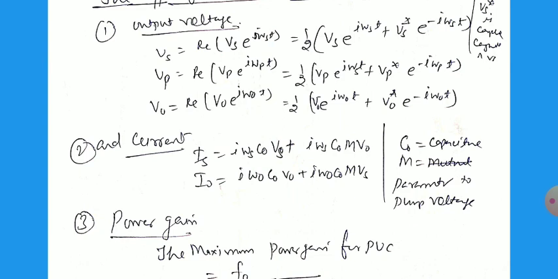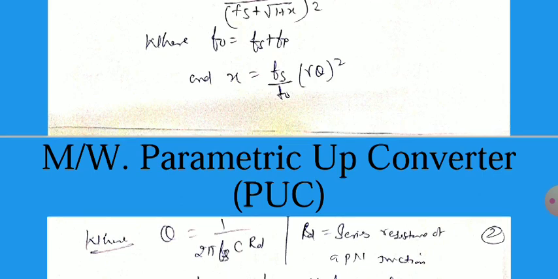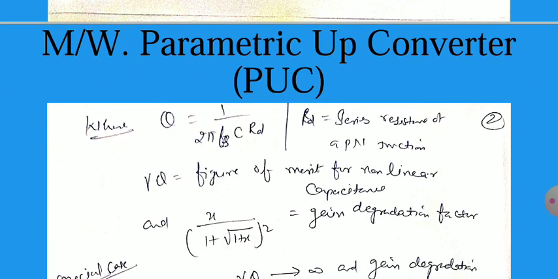Now the next topic is to calculate the power gain. The maximum power gain for the PUC is equal to Fo divided by Fs, times 1 by the square of 1 plus root of 1 plus x, where Fo is the output frequency Fs plus Fp, and x is the parameter related to gamma Q, equal to Fs by Fo multiplied by gamma Q square, and Q is 1 by 2 pi f Cj Rd, where Rd is the series resistance of the PN junction.